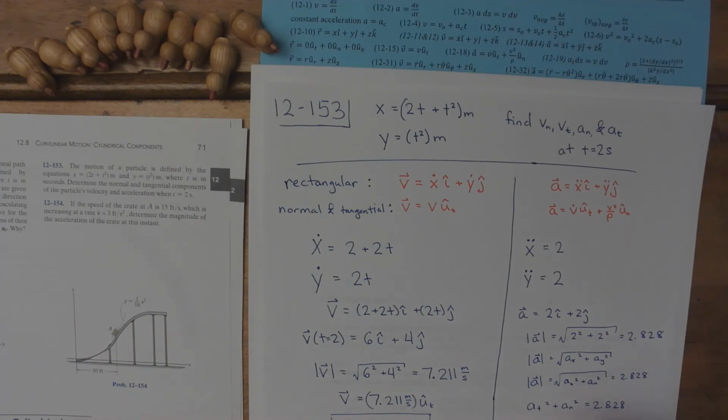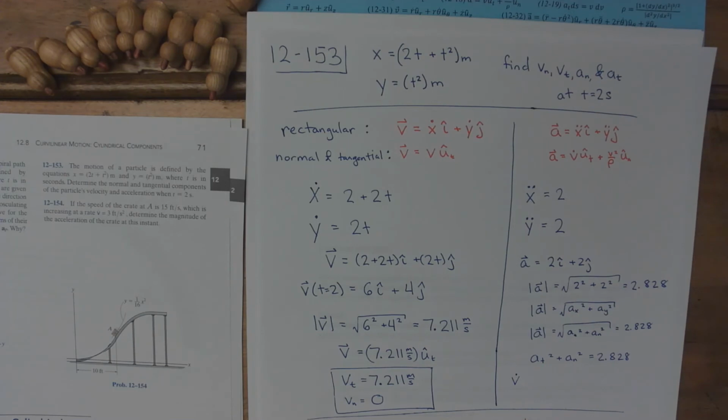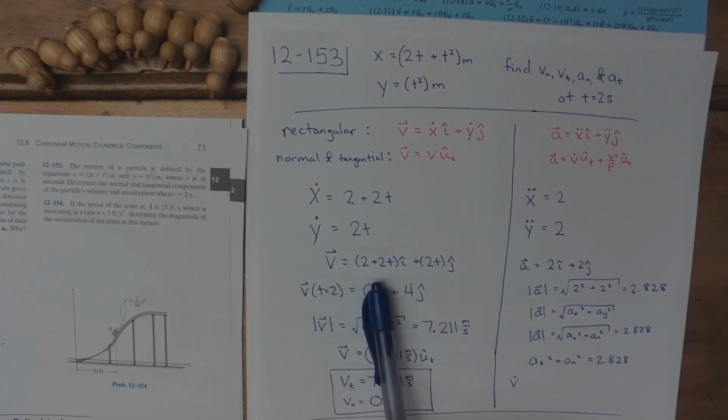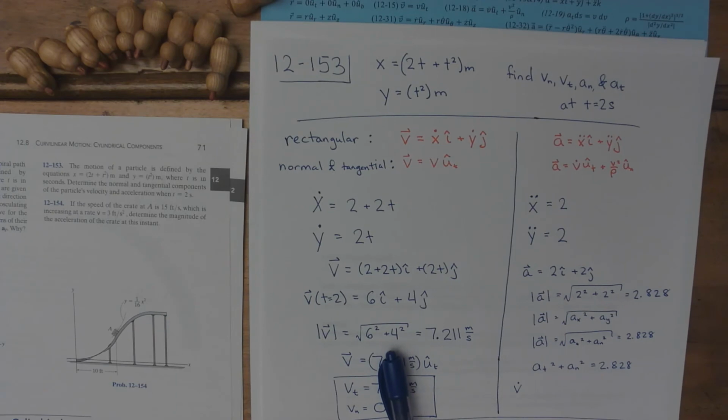So for v dot, we have to be careful here because remember v is the speed, not the velocity. If I want to use this expression here to find the speed, that would be the magnitude of the velocity. But I can't write it at 2 seconds because I have to find the magnitude of the velocity first and then take the time derivative.